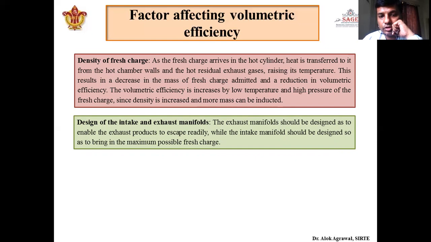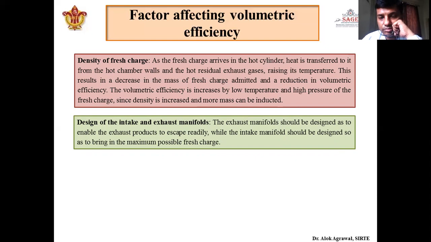So the exhaust valve has to be designed so that it can evacuate the maximum possible exhaust gases. Similarly, the intake manifold is to be designed so that it can take the maximum possible fresh charge. Okay, so the design plays a very important role for volumetric efficiency.